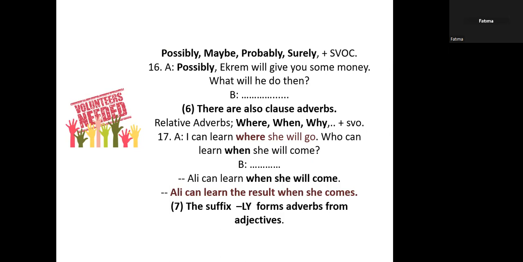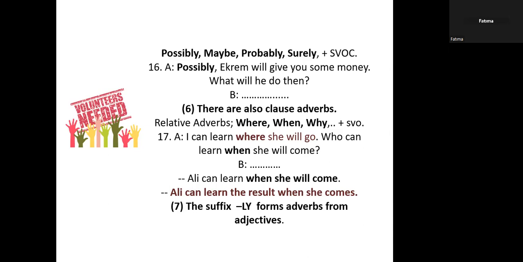Who is that man coming towards us? I am not sure, but maybe he is Joseph. Maybe he is Joseph. Probably he is Joseph. Surely, certainly he is Joseph. Okay. Dialogue 16. Possibly Ekrem will give you some money. What will he do then? He will visit his father.